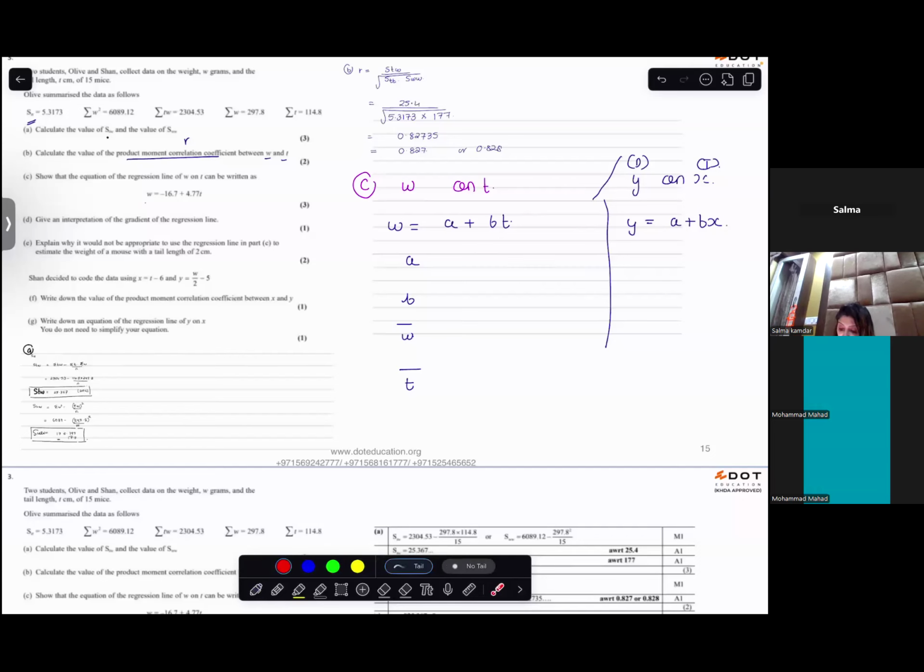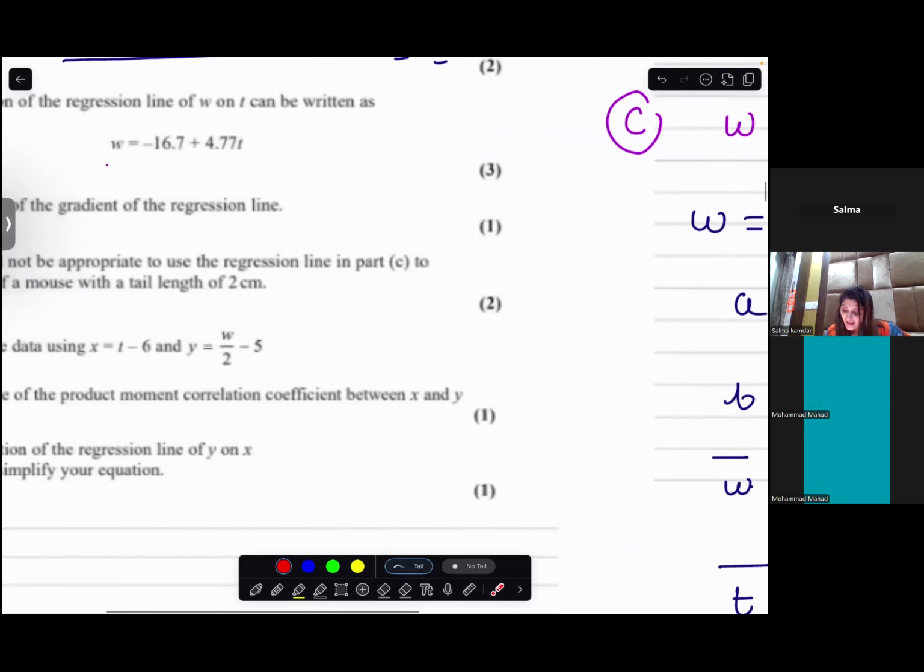Next, we have to show that the equation of the regression line of W on T can be written as W equals minus 16.7 plus 4.77T. Are you with me? That means indirectly they are telling us that A is going to be minus 16.7 and B is going to be 4.77.